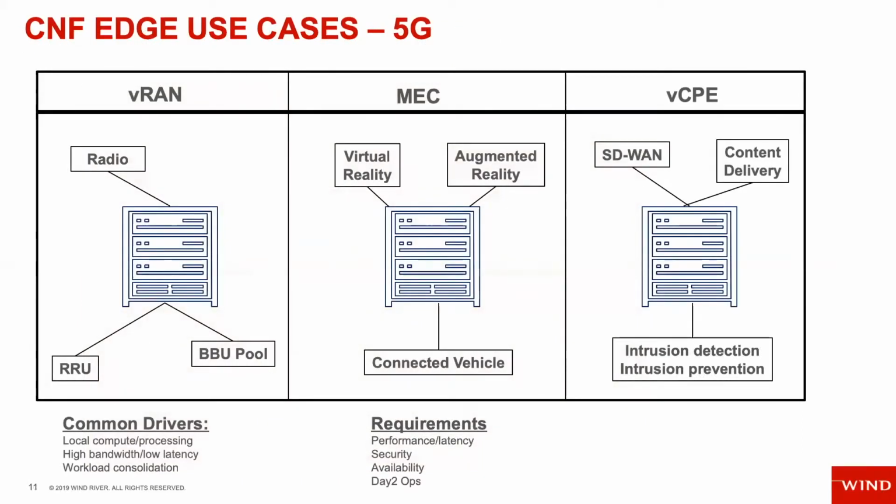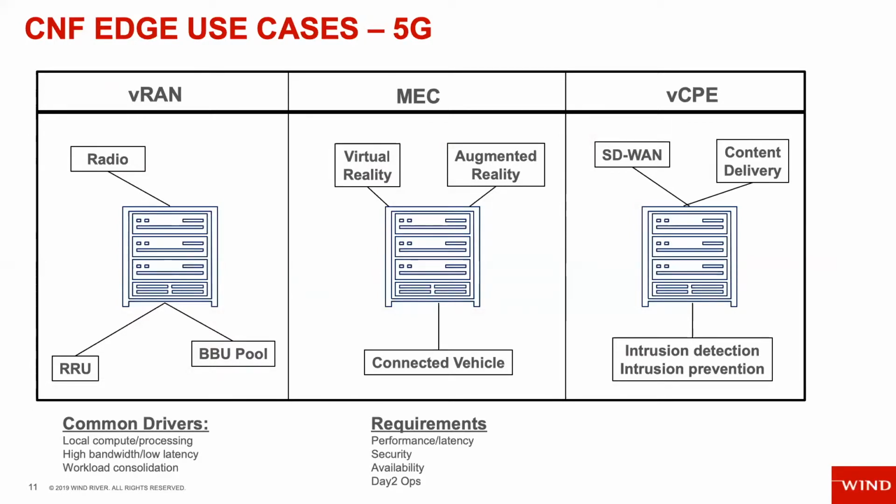Now, some of the use cases that we're seeing when we go out and talk to customers, when we attend some of the various venues and events, we see a lot of use cases, and in particular 5G.